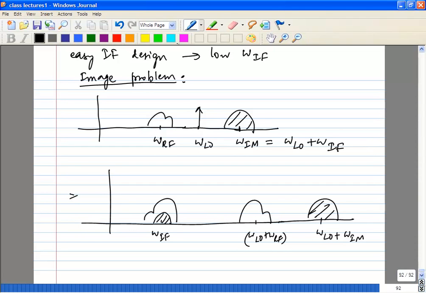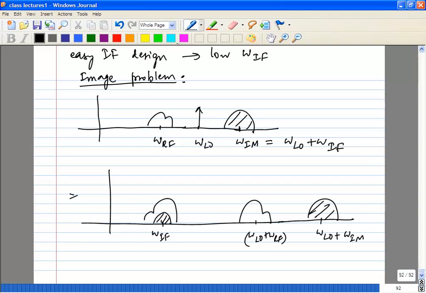That should be omega LO plus omega IF. This is omega IF.